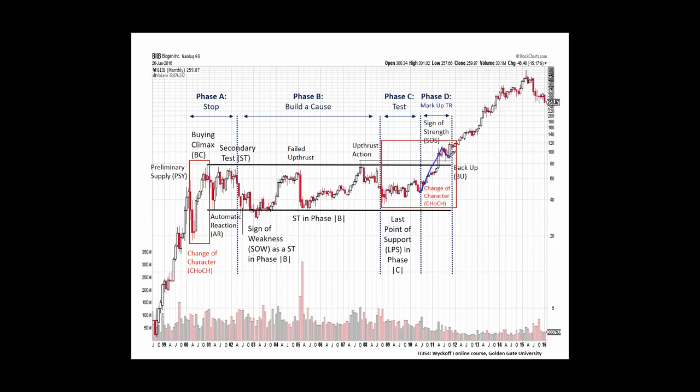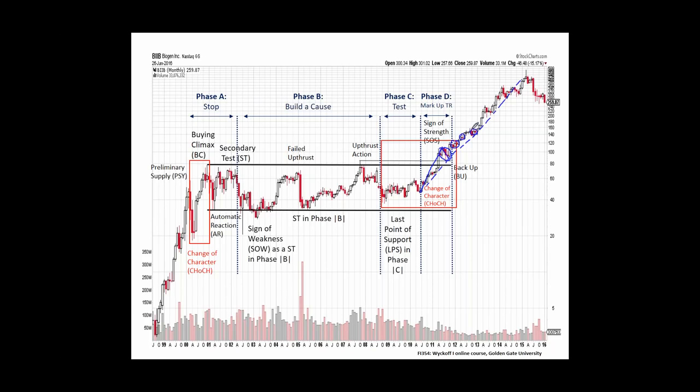And even if your executions on your purchases aren't perfect, the reactions are shallow, the trends last a long time, and the trend is going to generally bail out a poor entry.